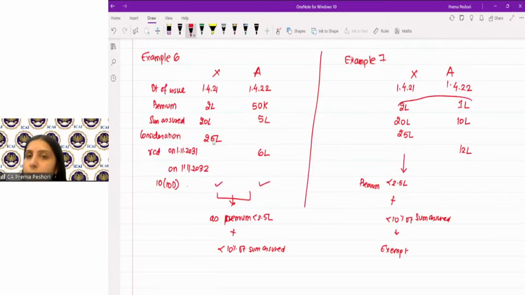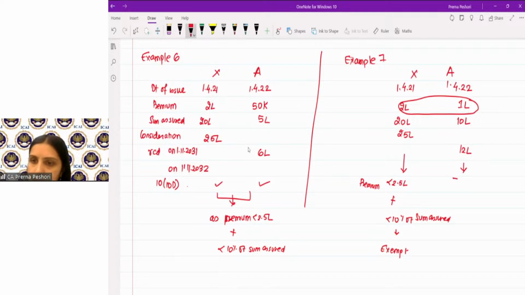If the aggregate premium exceeds 2.5 lakh, even if it is in different years, the CBDT circular provides that the consideration received will not be exempt under 10(10D). It provides that if the aggregate amount on the new ULIP and the old ULIP exceeds 2,50,000, then consideration would not be eligible for exemption under 10(10D).